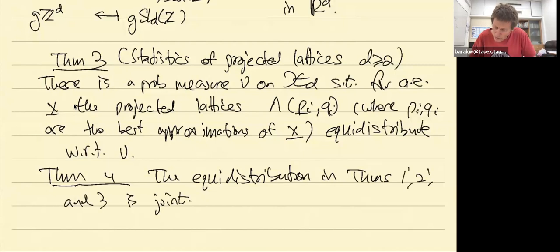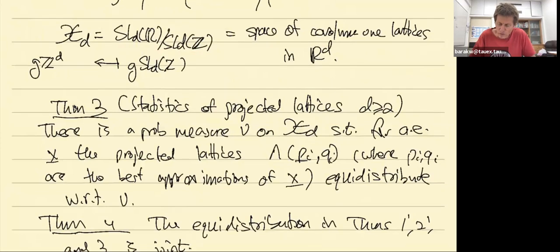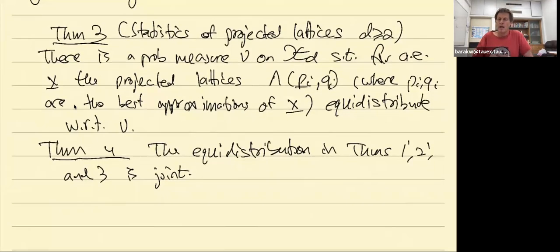So why don't we consider d equals 1 in this third theorem? It's simply because the space of lattices in dimension 1 is trivial, it's a singleton. There is no space of lattices. So the question only starts making sense in dimensions 2 or higher.